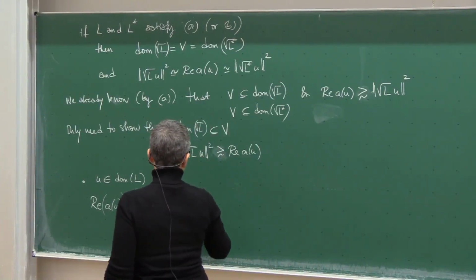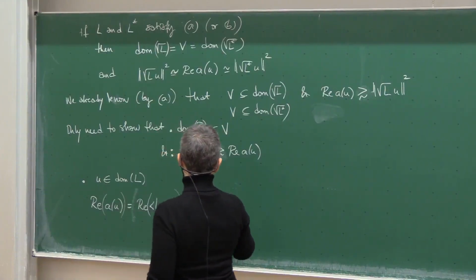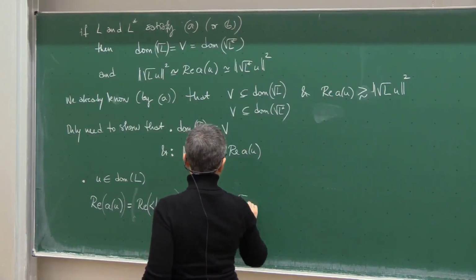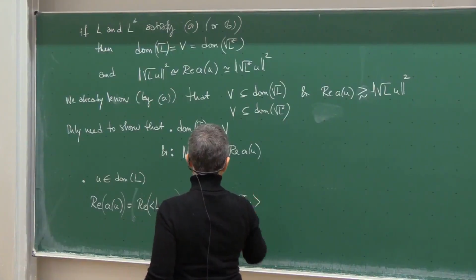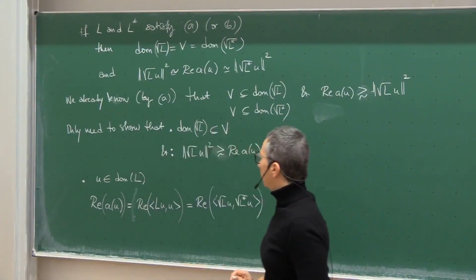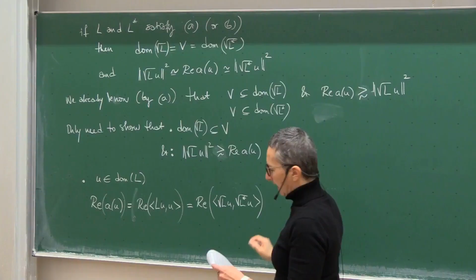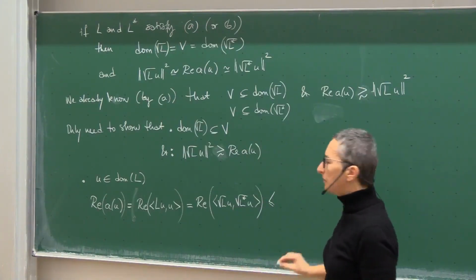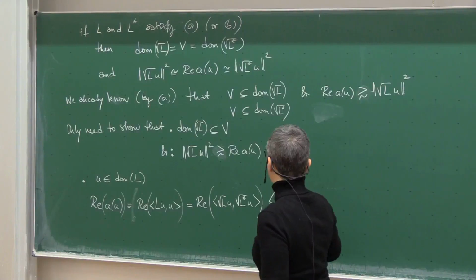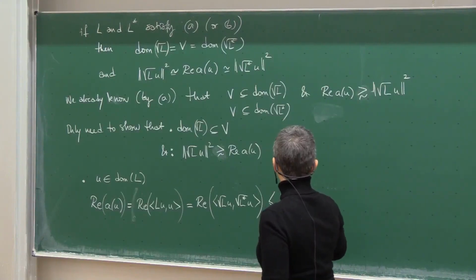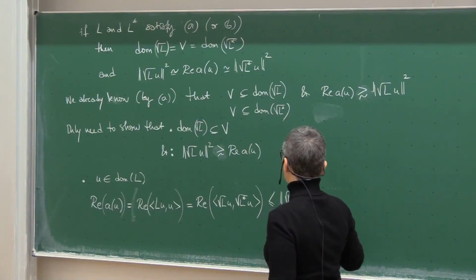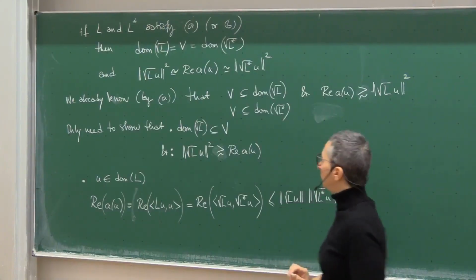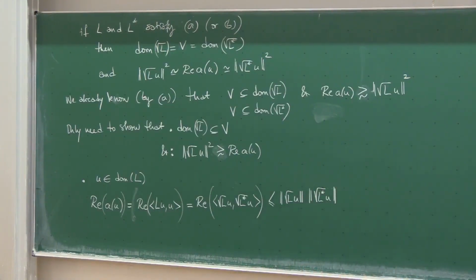So what I get is the real part of square root of L u, square root of L star u. And this is less than or equal to the norm of square root of L u times the norm of square root of L star u. Okay?